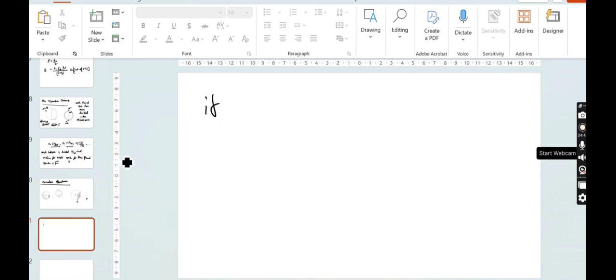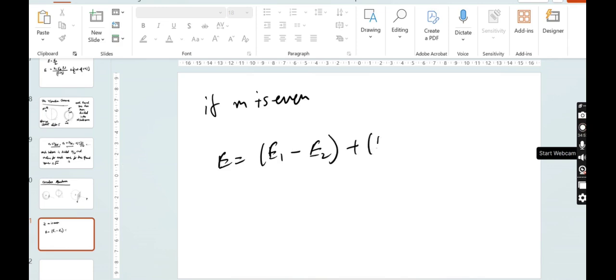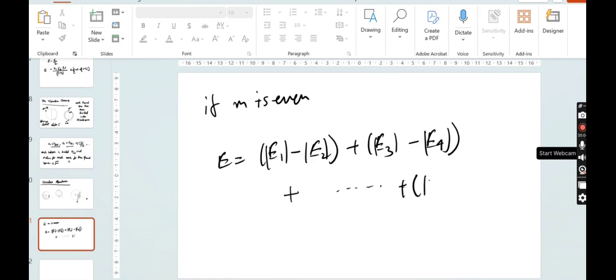So if M is even, then E is equal to E1 minus E2 plus E3, and so on and so forth, up to En minus 1 minus En. That will cancel out. So based on that, E will be 0.